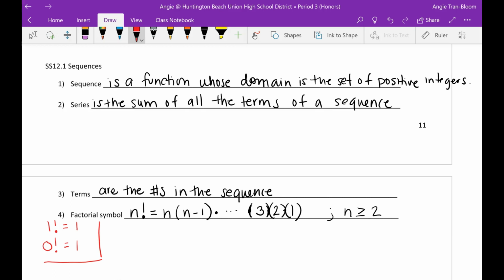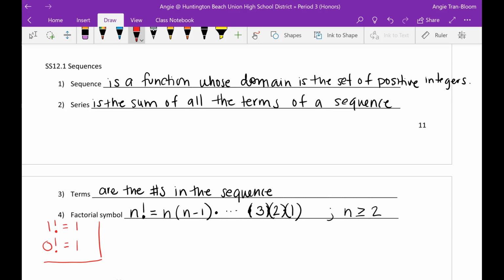There's one way to arrange 0 items, because when we have nothing to arrange, there's nothing. Then 1 factorial really means how many ways can you arrange one item? Well, one way. So for example, you have one book. How many ways can you arrange one book on the shelf?